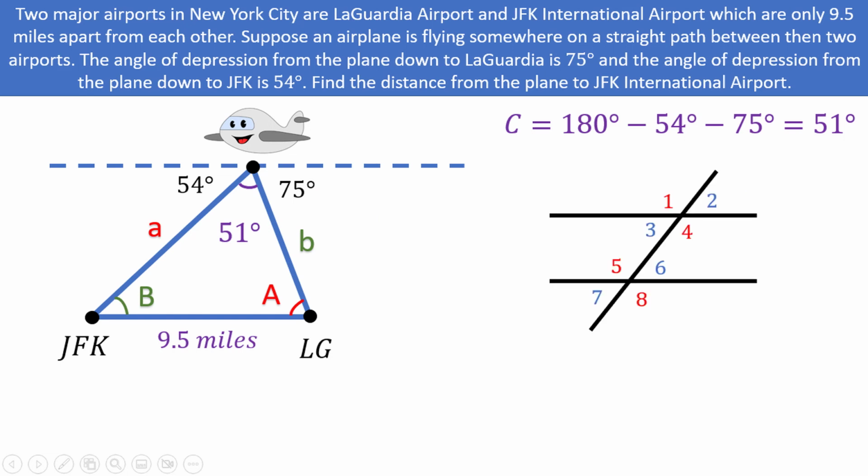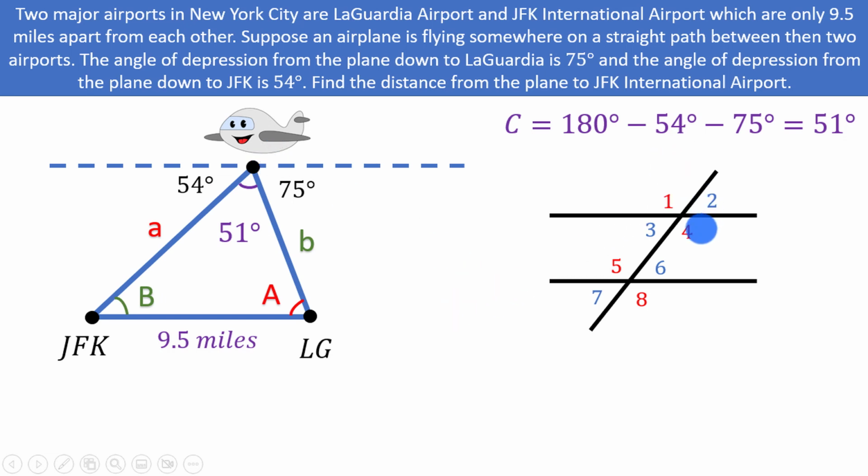Now the other two angles are a little bit more difficult to solve for. We can use this image right here to help us out. If we have two parallel lines, kind of similar to what we have here, with a transversal crossing the two parallel lines, kind of like this side of our triangle, then we know that many of the angles are equal to each other.